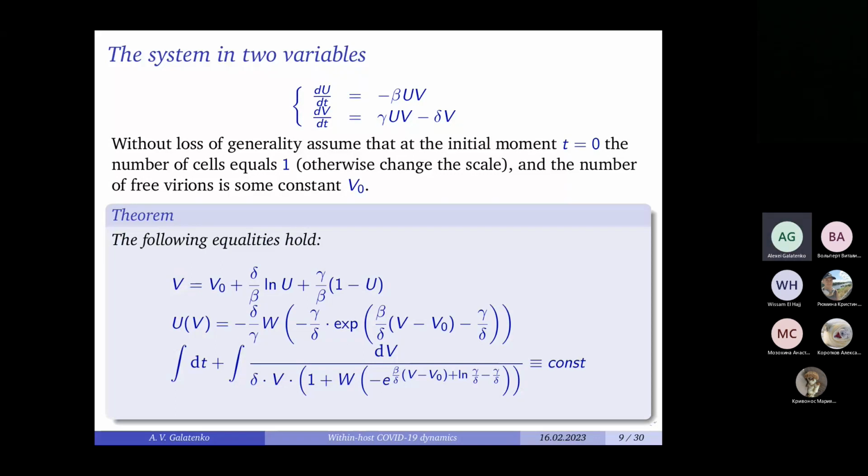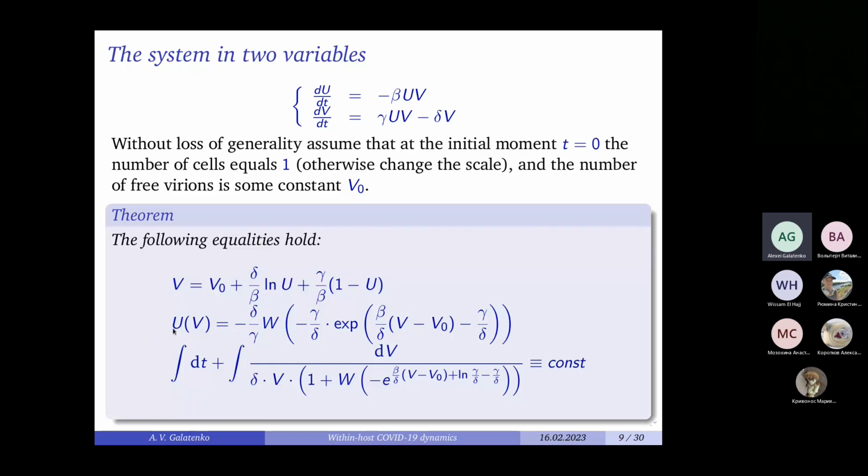These are just technical equalities that allow one to come to, well, reasonable and practically meaningful conclusions. The first equality expresses the number of viruses in terms of the number of uninfected cells. The second equality is a sort of the inverse of the first one.